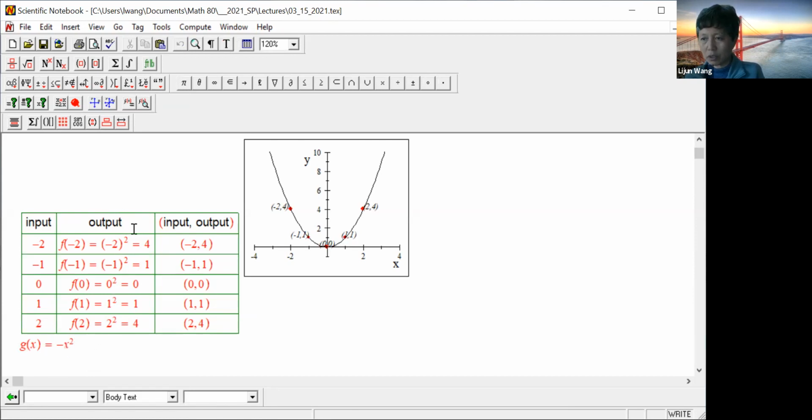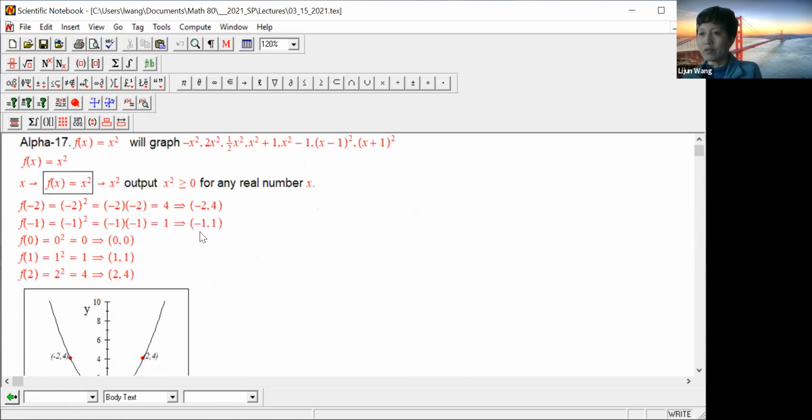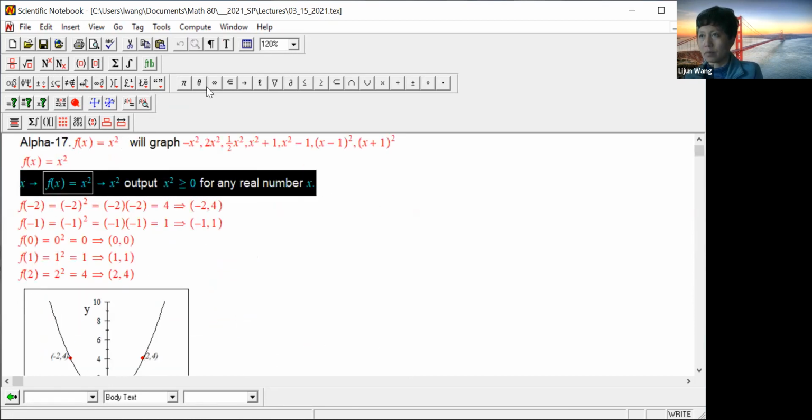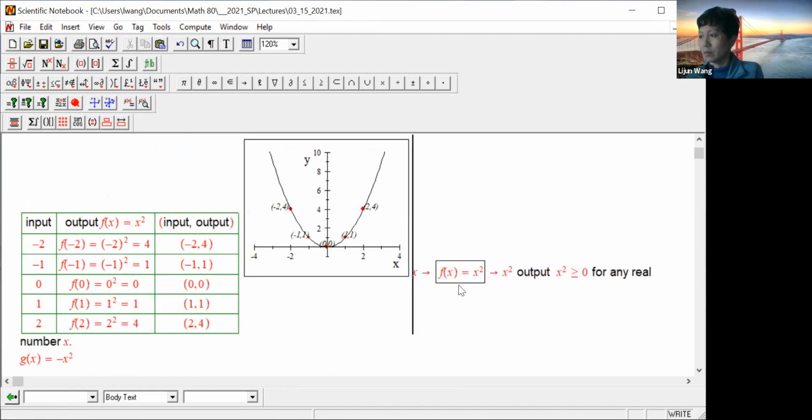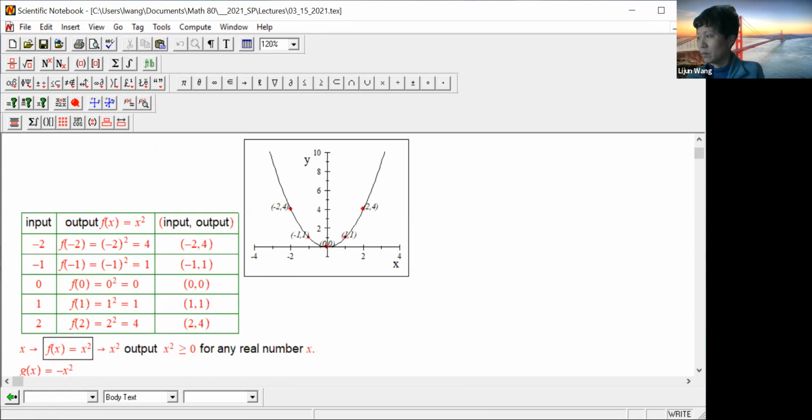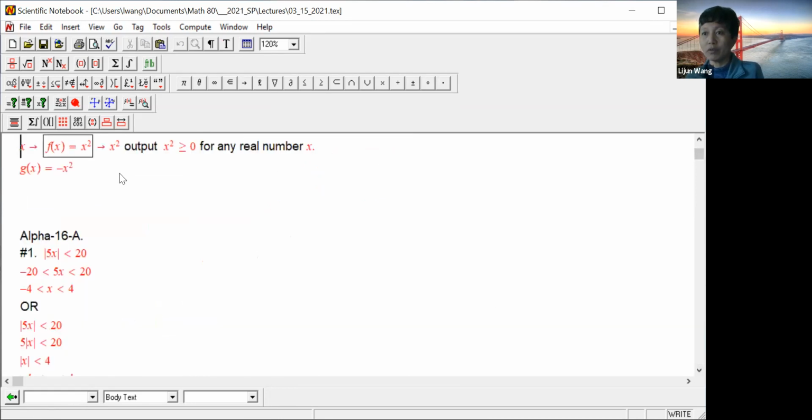So the function we used to have before is f of x equals x squared, right? And we know how this function works. So now we have a new function. The difference between these two functions is that there's a negative sign in front of it.